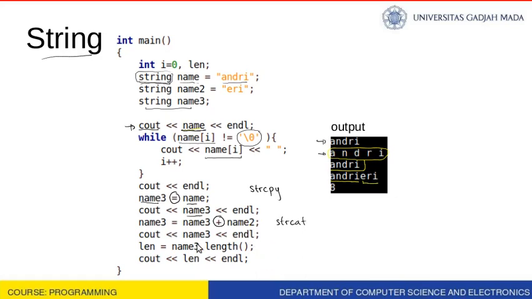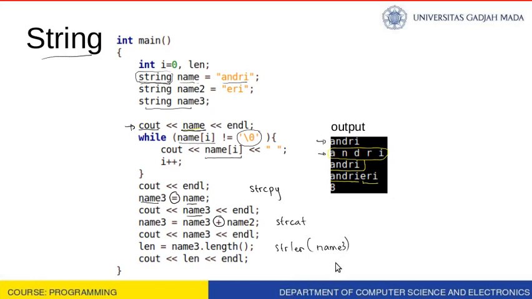And how to calculate the length of this string? You can calculate it by using name3 dot length. This is different. In array of char we just use strlen, and then we put the array of char.